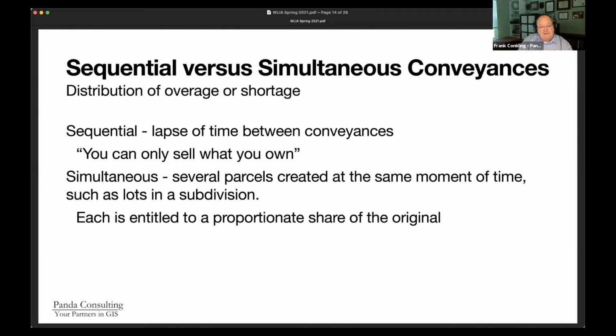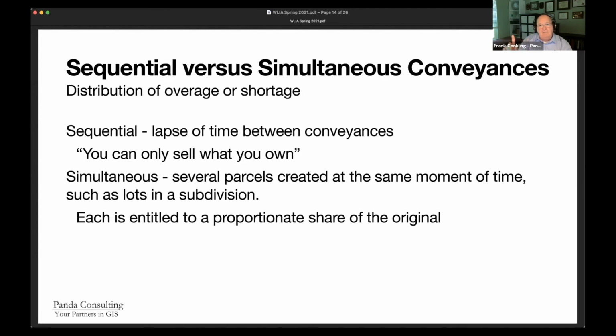A PLSS government township plat is actually a simultaneous conveyance. When you look at distributing overages or shortages, it's always through some sort of proportional distribution of that overage or shortage. Each is entitled to a proportionate share of the original because they were created at the same time.